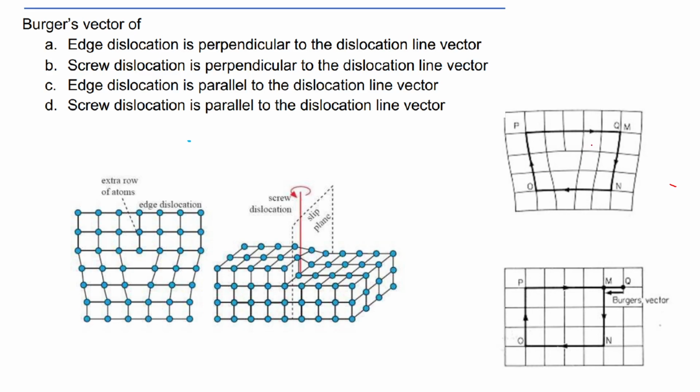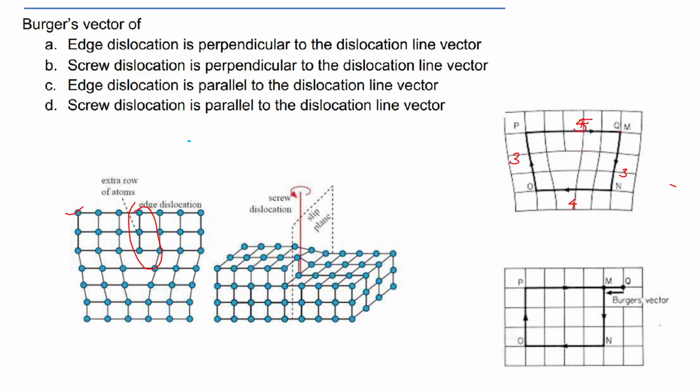Edge dislocation is like an extra row of atoms coming in. If you plot like this, let us start to measure from here. We are going to calculate the Burgers vector. It will go 1, 2, 3 on this side, and here 1, 2, 3, 3 cells. Here in total we will get 5 cells.